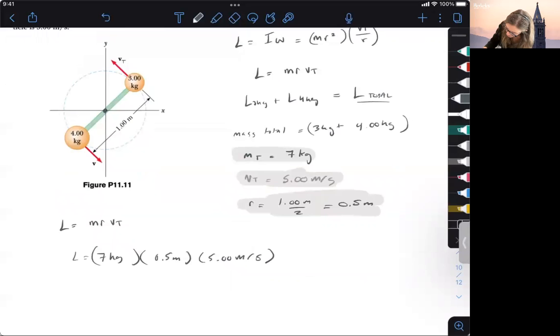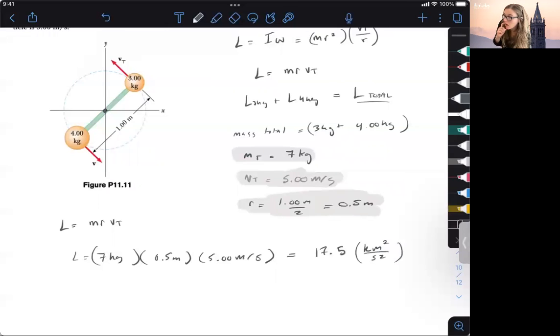Our final answer is 17.5, and the units are kilogram meters squared per second.